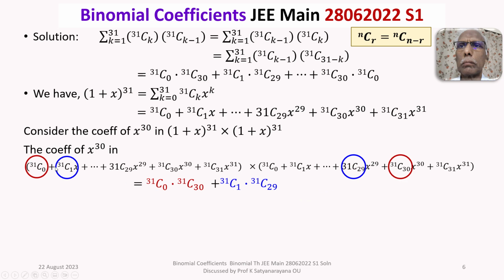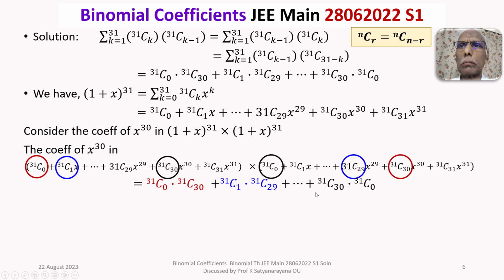So like that it will be advancing in this direction, and it will be coming backwards like this. So go on, etc. 31C30 x to the power of 30 multiplied by 31C0. So plus etc., 31C30 multiplied by 31C0. So what is this?